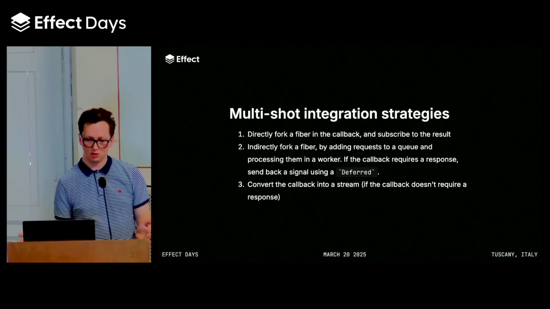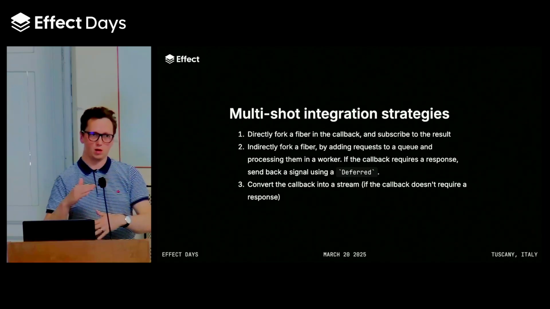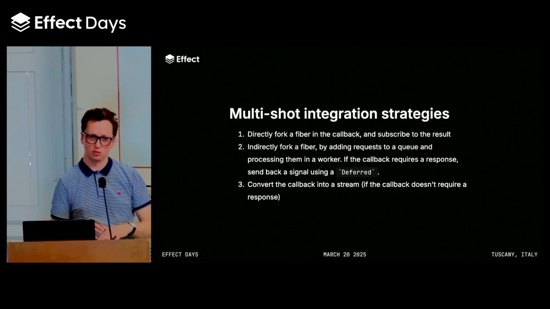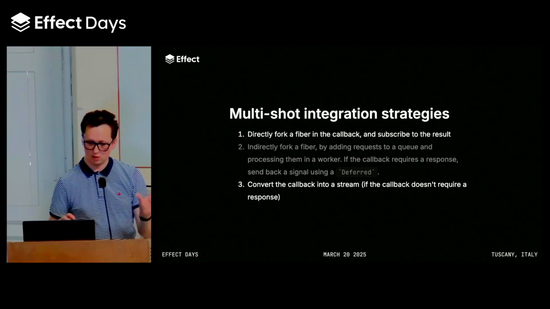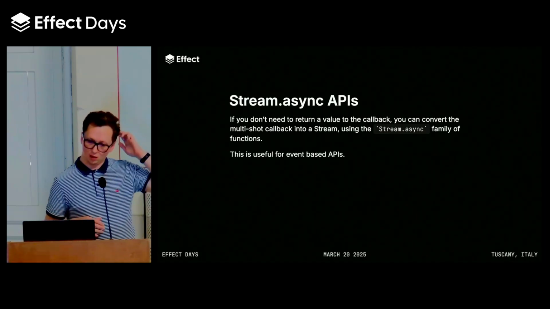Or another option is you can turn that callback, being called several times, into a stream, and then process that stream using all of the APIs from the stream module, which is quite powerful. And I just want to focus on 1 and 3 in this workshop today. So the stream module has a bunch of async APIs.